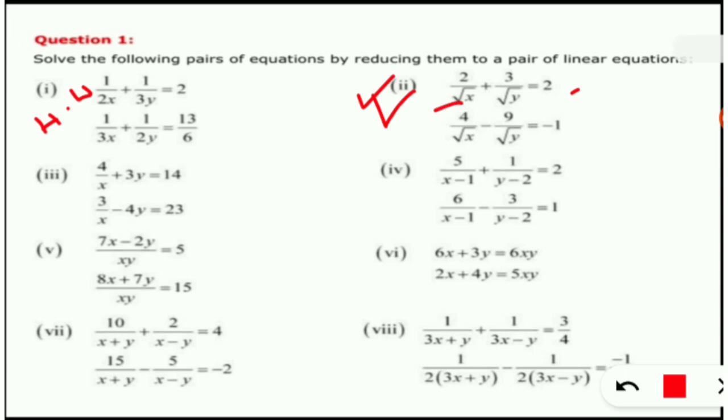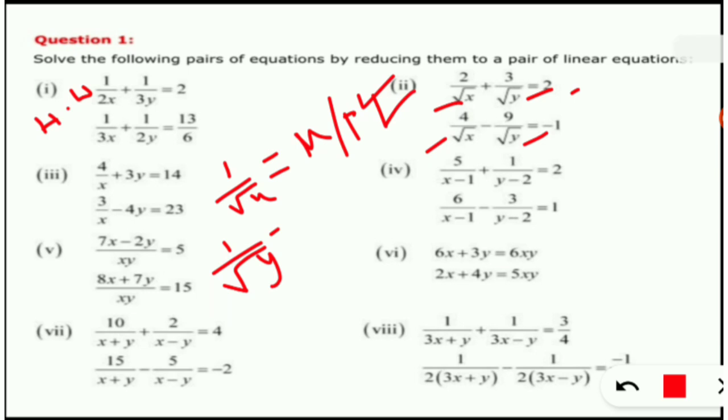Here root x, here root y. So we assume 1 by root x equals, suppose u or p, anyone. You can take u or p, anyone. Okay, and 1 by root y equals v or q. Clear? Okay, so question number 1 is your homework.